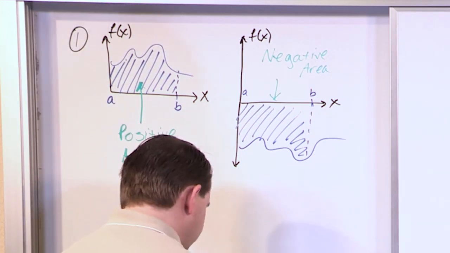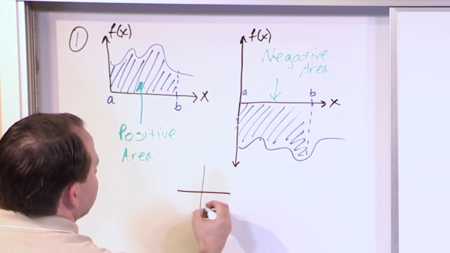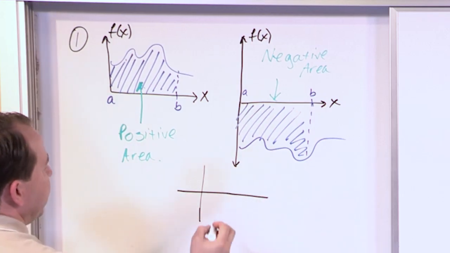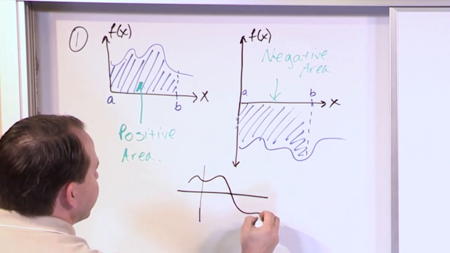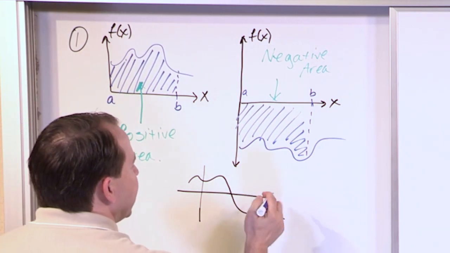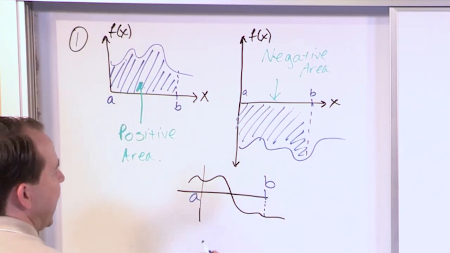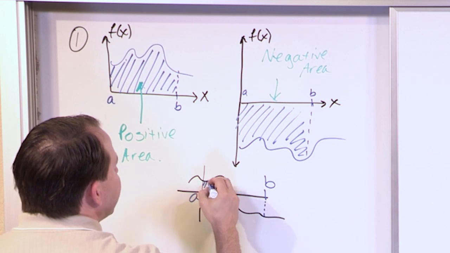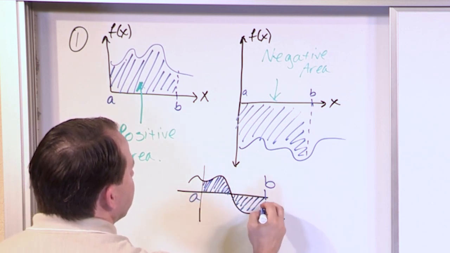And just so you know, if for whatever reason, we draw another one here, kind of a small one, if part of your graph is above the x-axis and part of it's below the x-axis like this, let's say A is the axis here and let's say B is over here, then what you're really calculating is the area here and the area here.